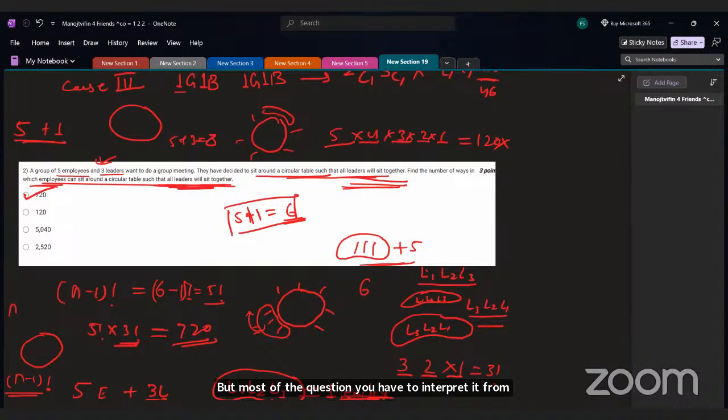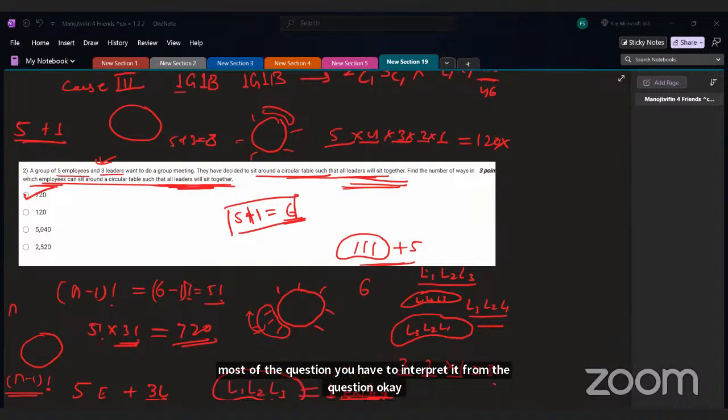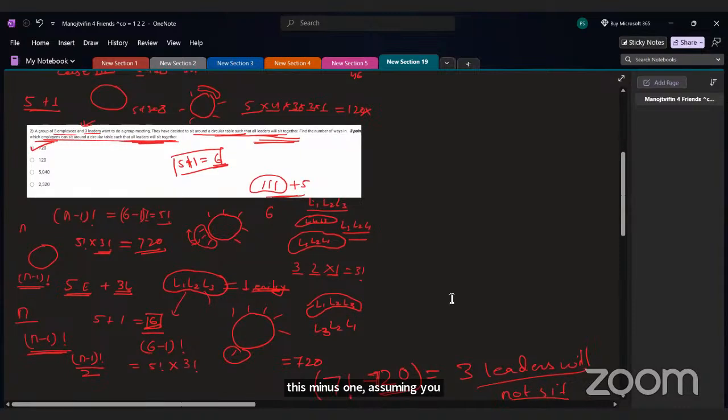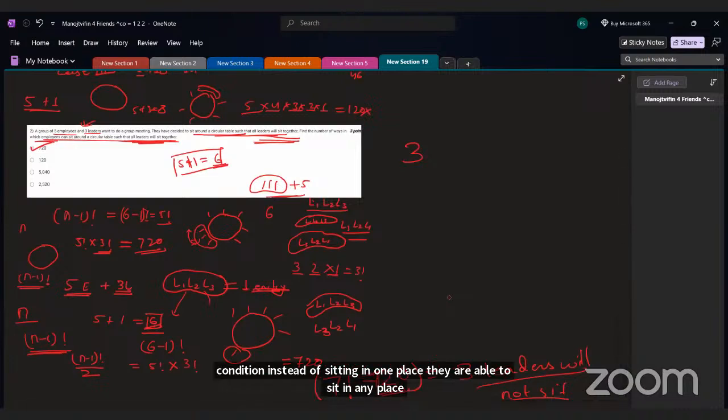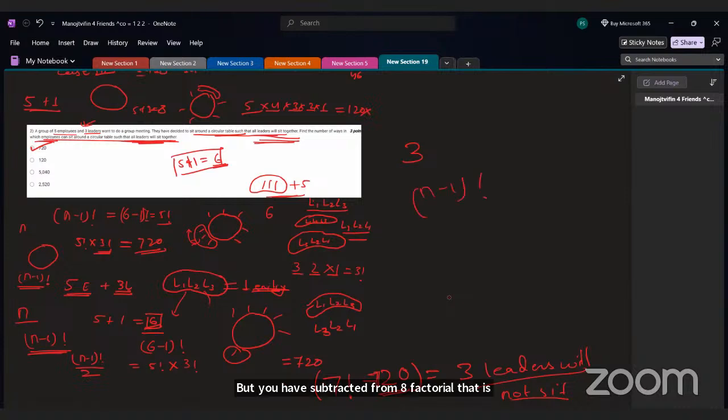Sir, one question here. This minus 1, assuming you have these 3 people sitting anywhere, instead of sitting in one place, they are able to sit in any place they like. But you have subtracted from 8 minus 1 factorial the number 720.